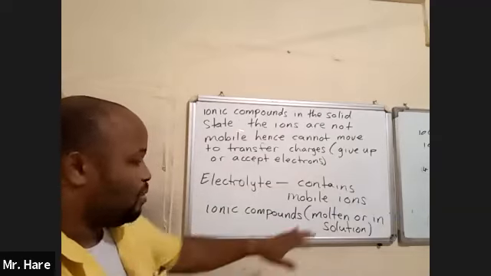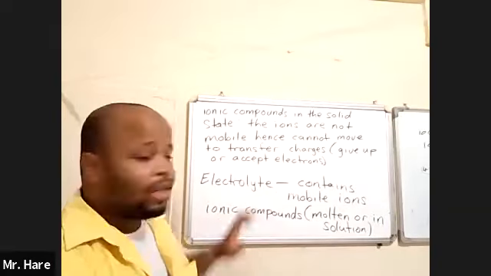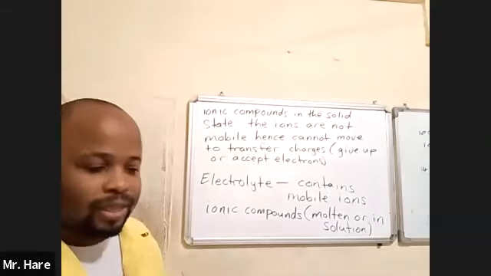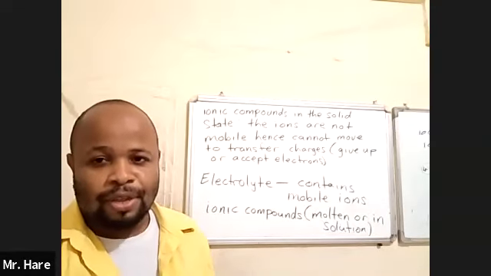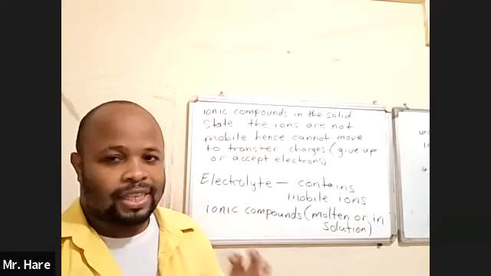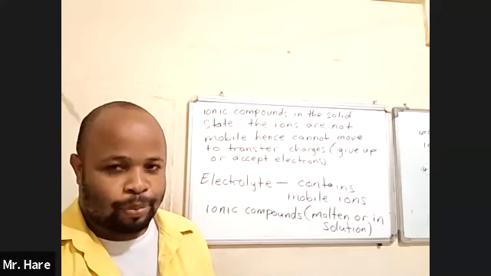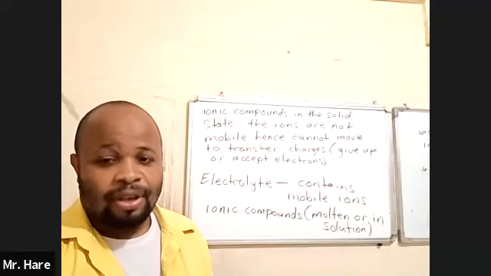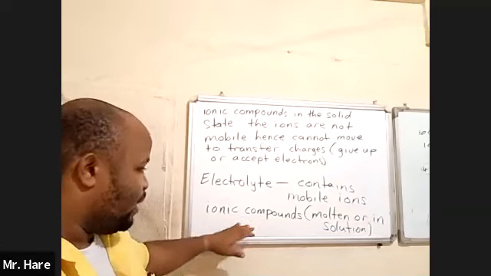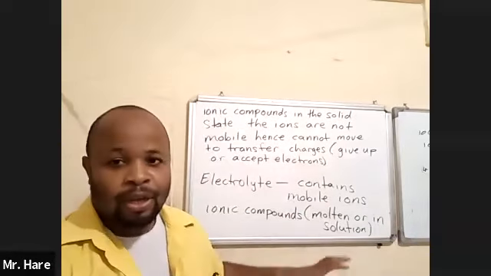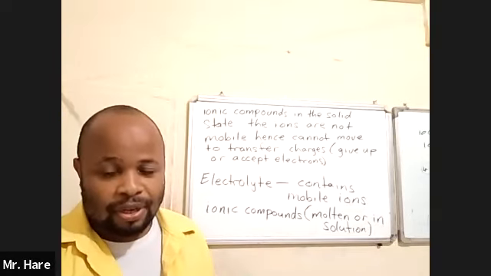All right, so your electrolyte, once it is in solution, must be able to do one of two things: accept an electron or give up an electron. The ionic compound, when it is molten or in solution, can do that.